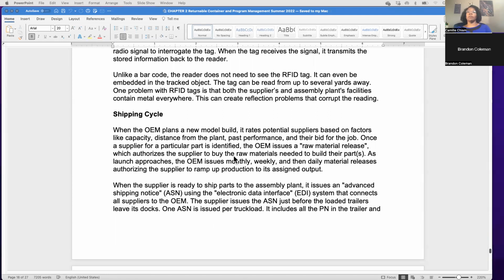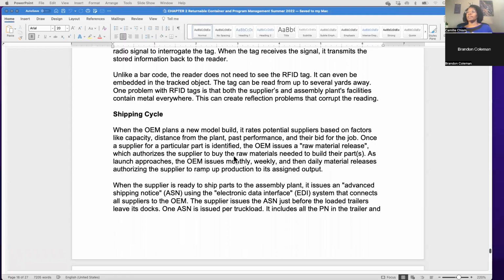And most companies, OEMs, all use EDI, which is electronic data interchange. Basically they're relaying information back and forth between the OEM and the supplier. It will give them information on things like how much we need, how much we shipped, how much we think we're going to be needing in the future.